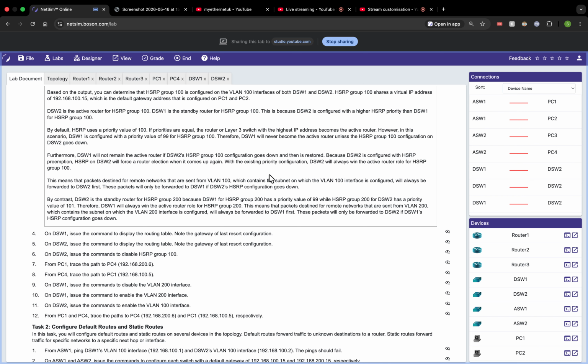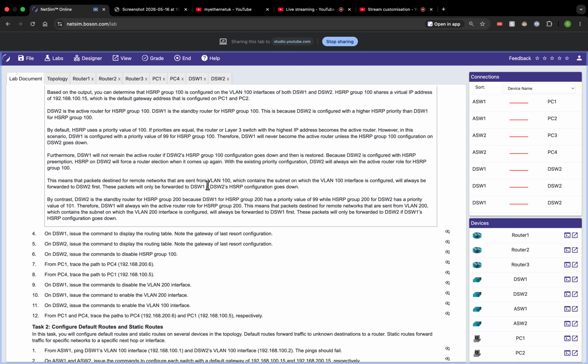So this means that packets destined for remote networks that are sent from VLAN 100, which contain the subnet on which the VLAN 100 interface is configured, will always be forwarded to DSW2.